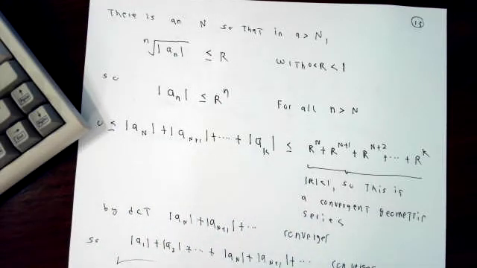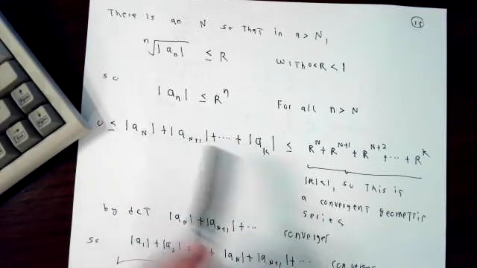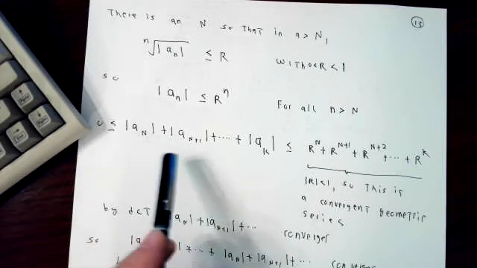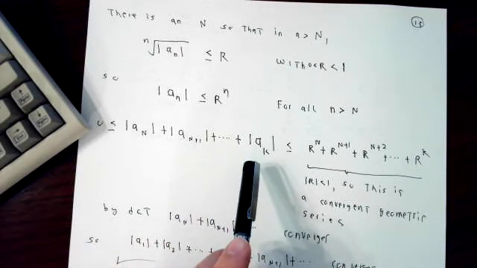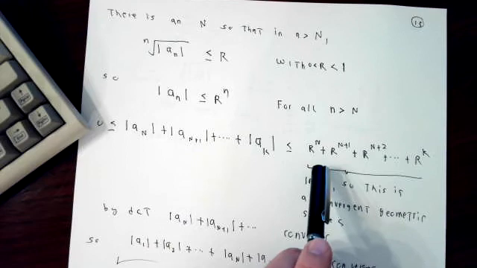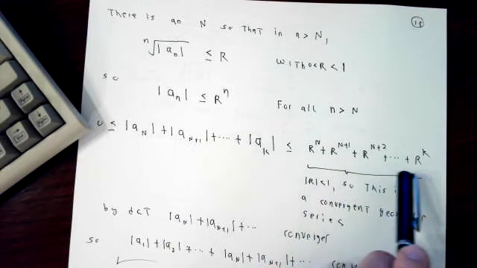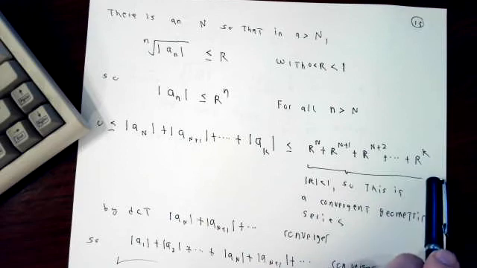a capital N out to a_k, term by term, each one of these absolute a index numbers is less than r raised to that index. This partial sum is no bigger than r raised to the capital N plus r raised to the capital N plus 1, all the way out to r raised to the k.